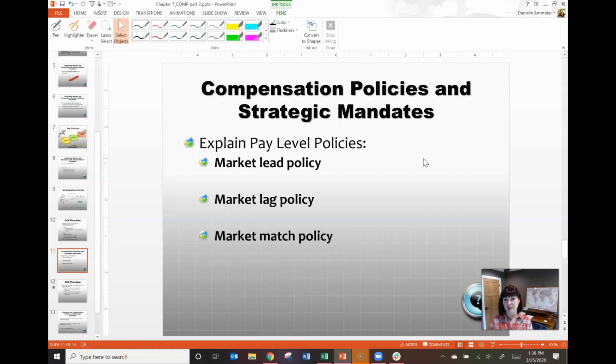Market lag policy. In this case, you're going to pay less than the market because it's an important job, but maybe it's not the most important job, and that skill set is readily available in the market. You're comfortable that you can lag the market or just match the market. That's a really easy strategy. It doesn't really require a whole lot of thought.